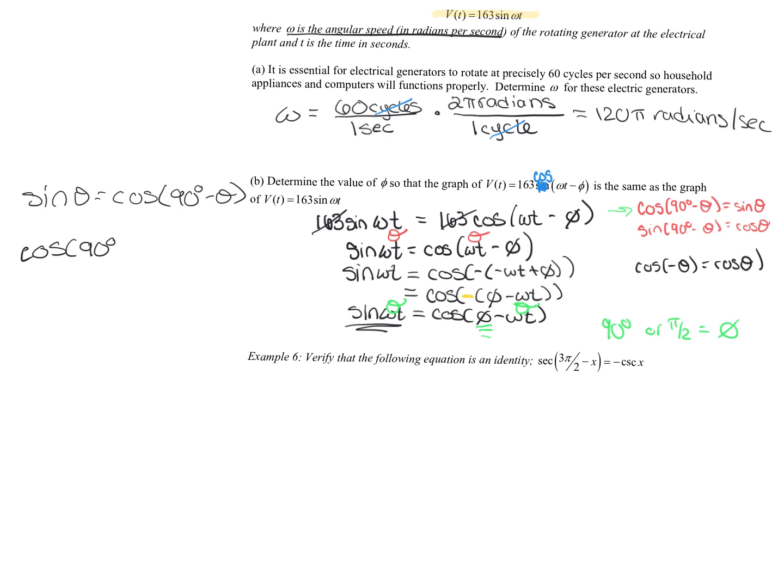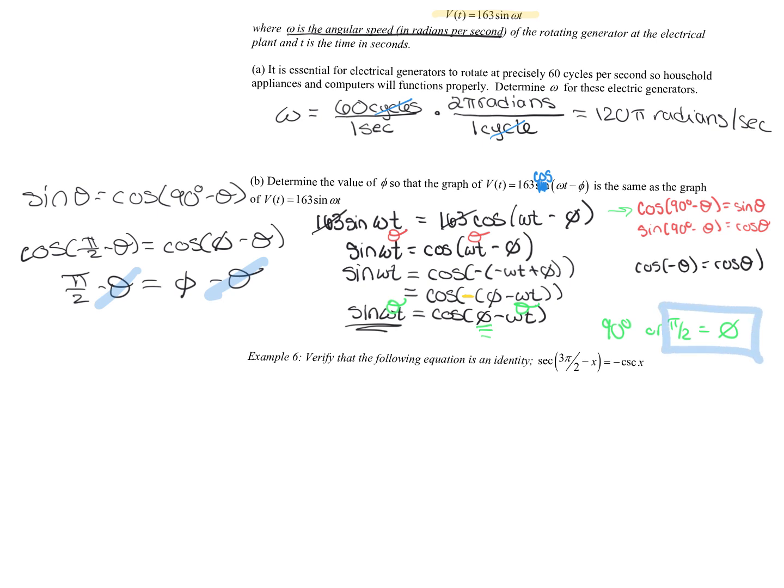Oh, sorry, I should be using pi over 2 because it says radians in the problem. So cosine of pi over 2 minus theta, and then that equals cosine of phi minus theta. So pi over 2 minus theta has to equal phi minus theta. The thetas are going to cancel out, and so you can see that phi equals pi over 2. So this is my final answer.